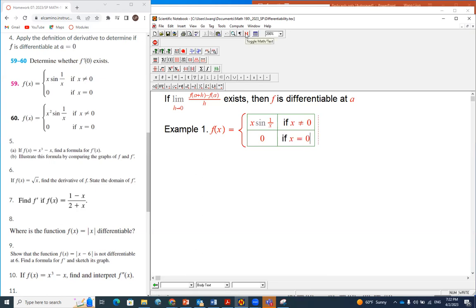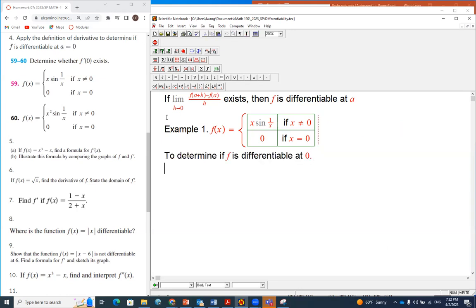We want to determine if f is differentiable at 0.